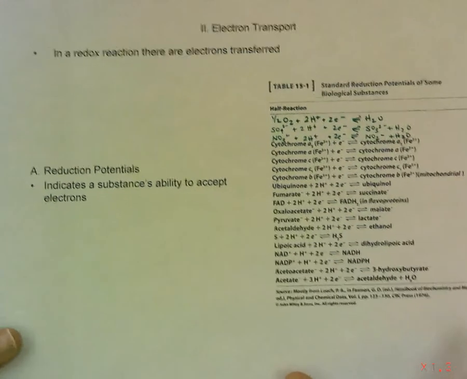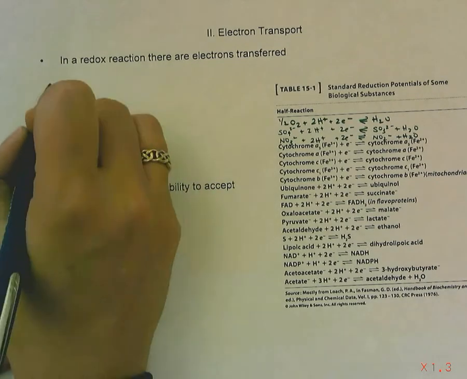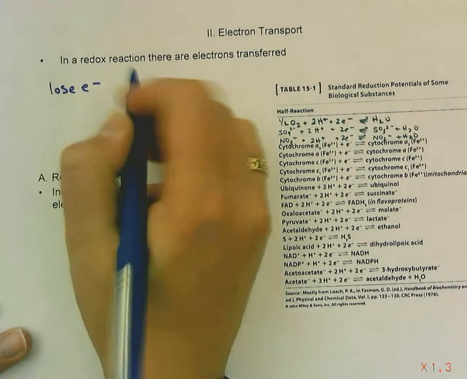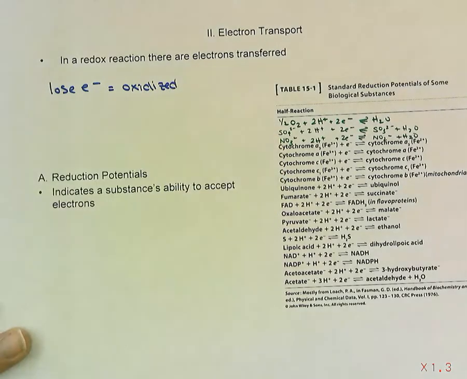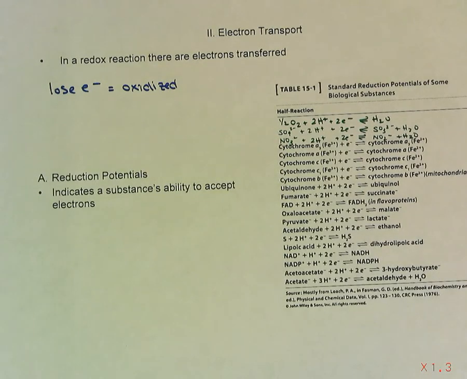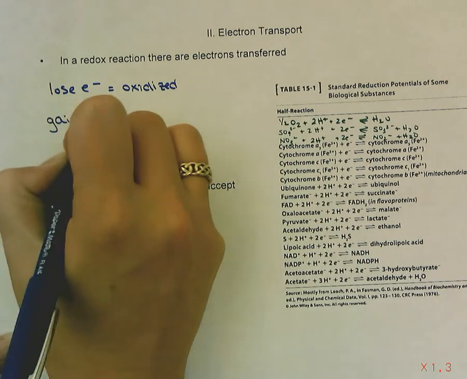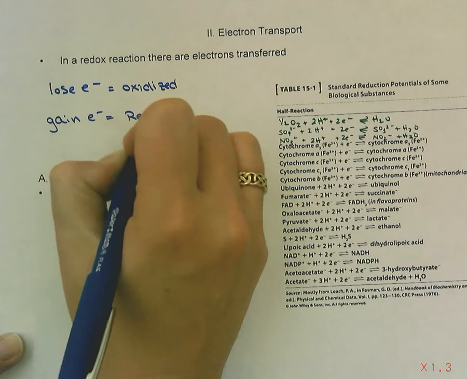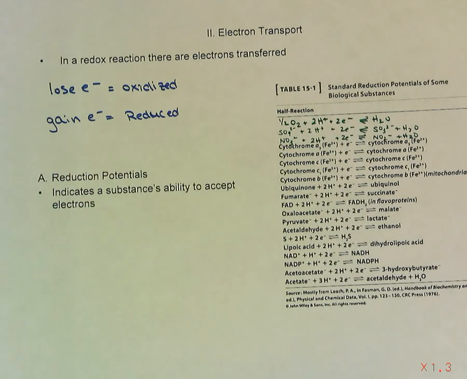All right, so as a way back review, if you lose electrons, that molecule has become oxidized. Should sound familiar. If you gain electrons, you become reduced. Well, sounds vaguely familiar.